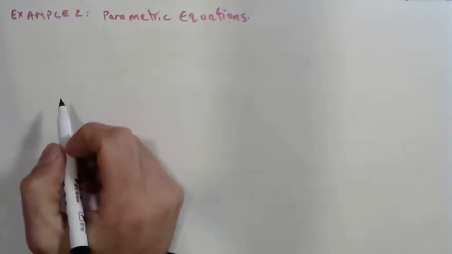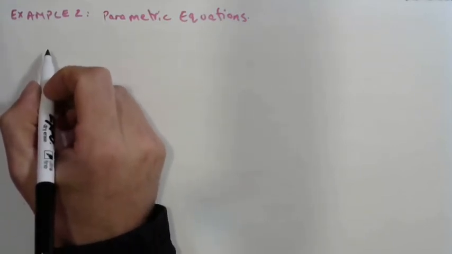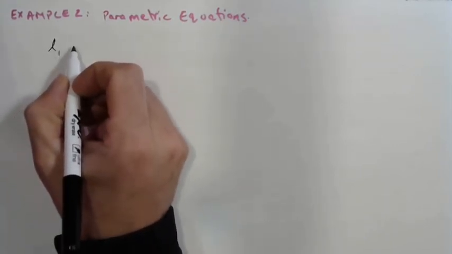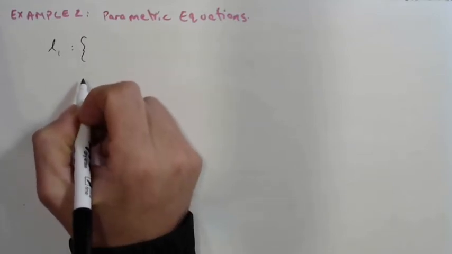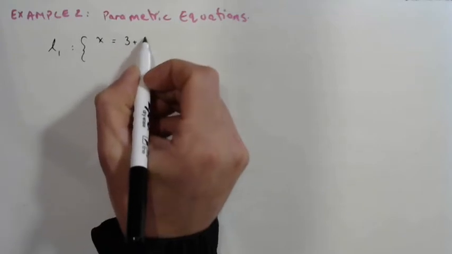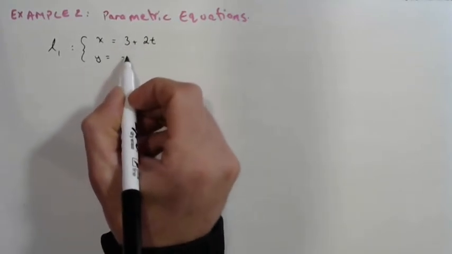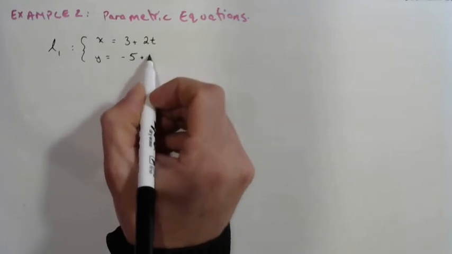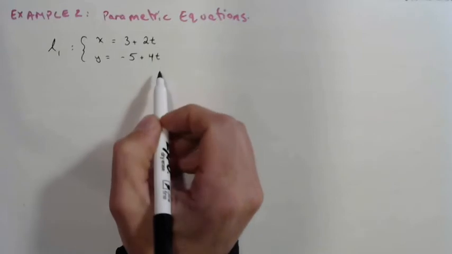So in example 2, we're going to be given a parametric equation. It is the line L1. And for a parametric equation, because it's given in 2 parts, it's given as the x component, which is going to be 3 plus 2t, and the y component, which is going to be -5 plus 4t, and here t is the same value, right?